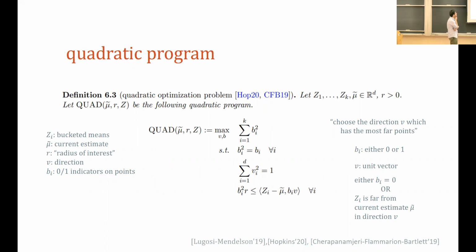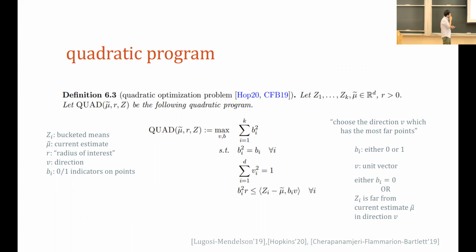Hopkins and Chapman-Derry, Flammarion, and Bartlett observed that you can define a quadratic program that captures this centrality definition. The details of this quadratic program are not very important, but basically it looks at every direction v, and it counts how bad mu tilde is in that direction, how much of a non-median mu tilde is in that direction.